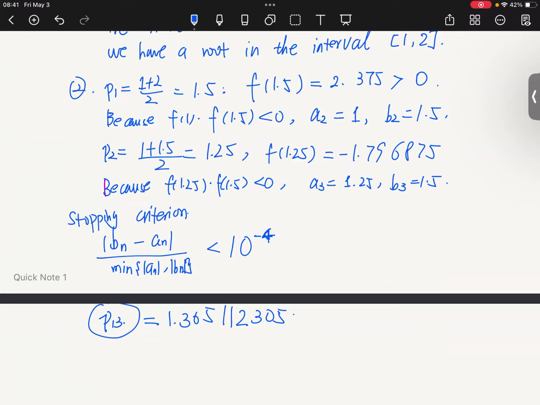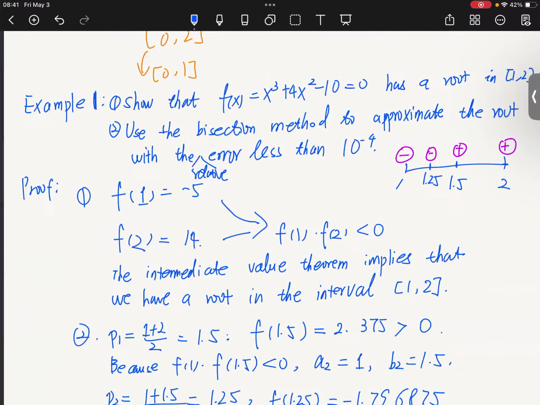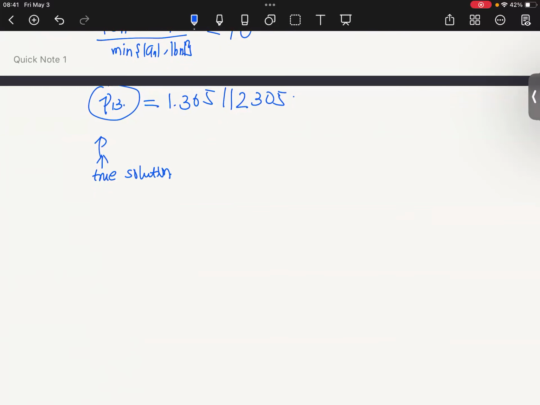This is because, remember that we have the notations for the solution. The true solution is P. Let's say this is the true solution. And the error here means the relative error. The P13 is the desired result from the computer programming.